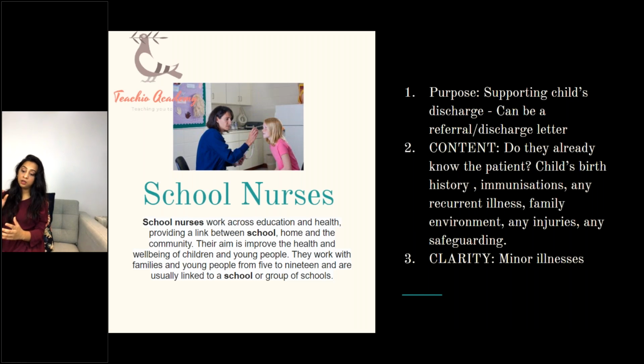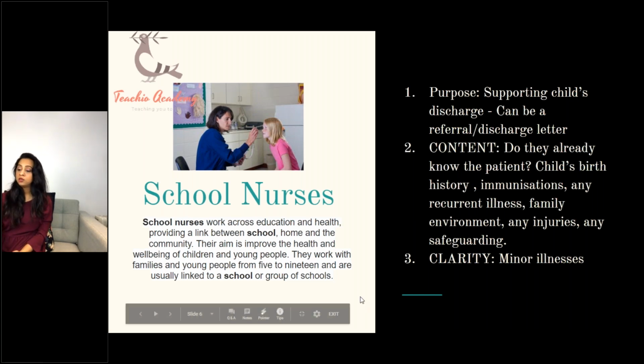Okay. So the aim of setting up this practice of school nurses is to improve the health of children while they're at school. So you have a place that the child is going to go to every day.